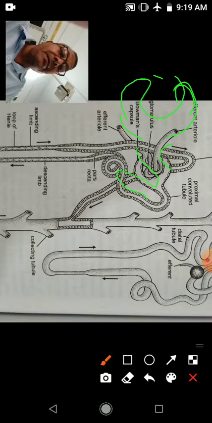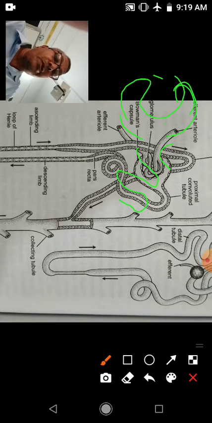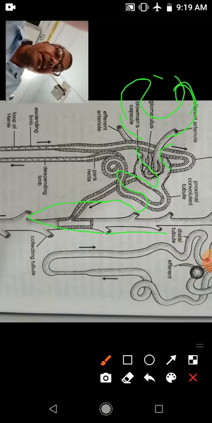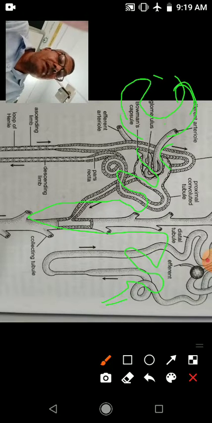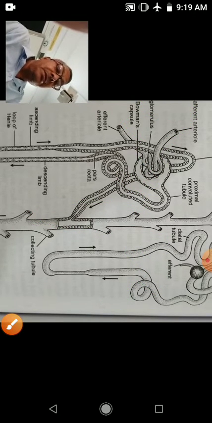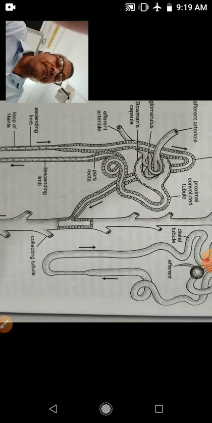Then there is the proximal convoluted tubule, then the loop of Henle, then the distal convoluted tubule, and it opens into the collecting duct.